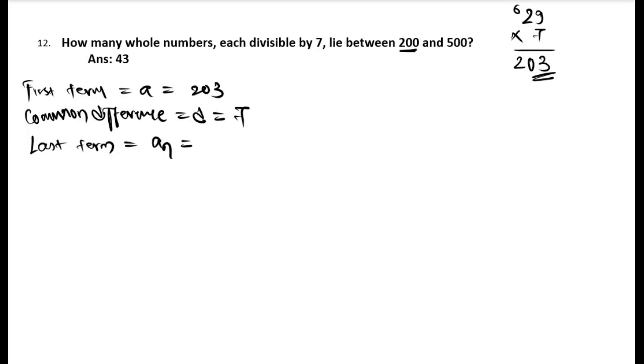Now see, smaller than 500, what I can figure is 490. 490 is very close to 500 and it is divisible by 7. What multiplied by 7 gives you 490? 7 multiplied by 70 is 490.